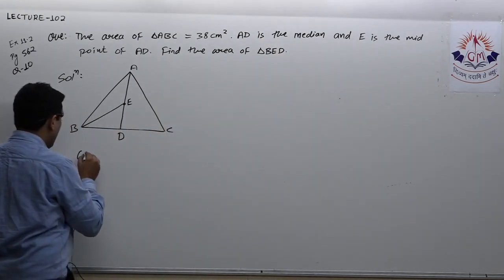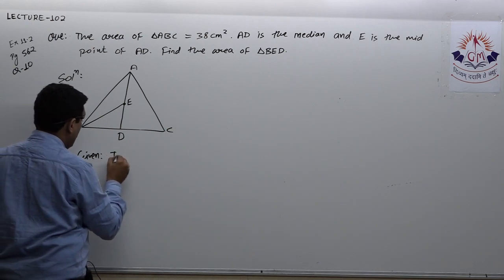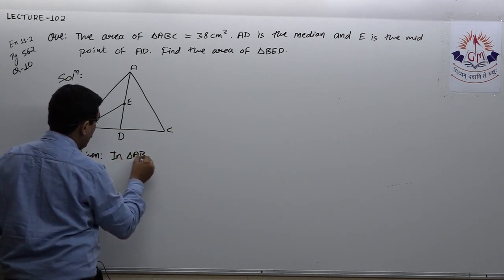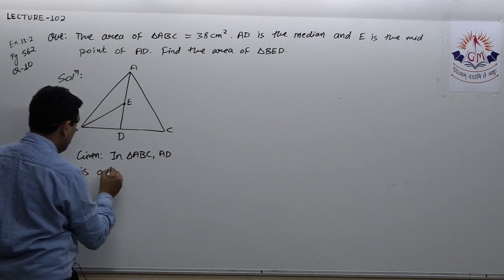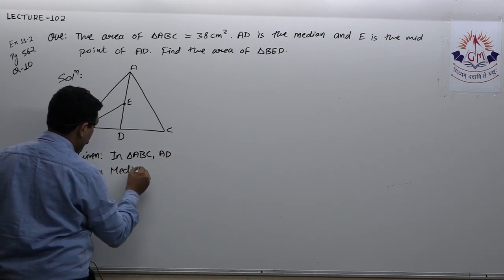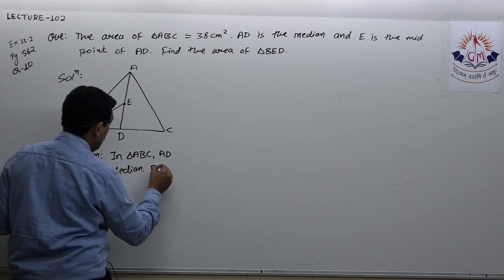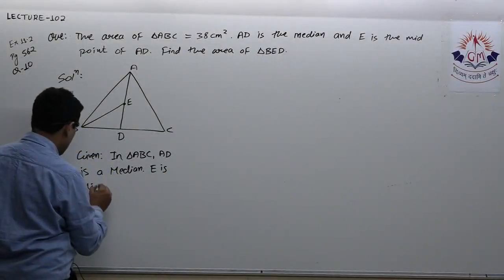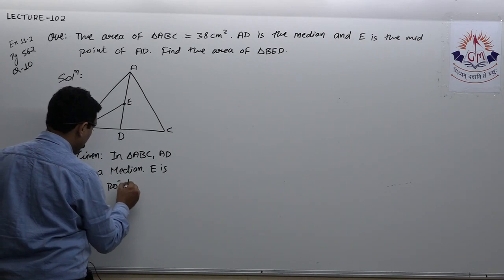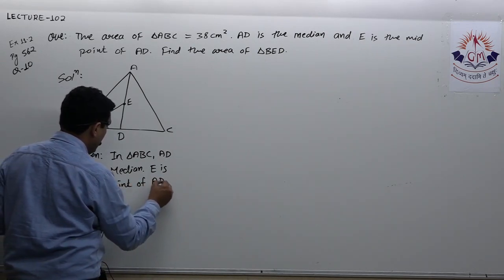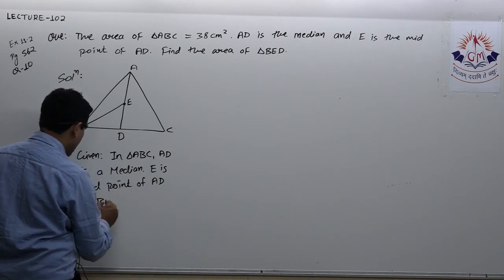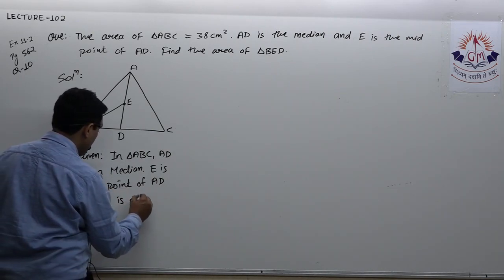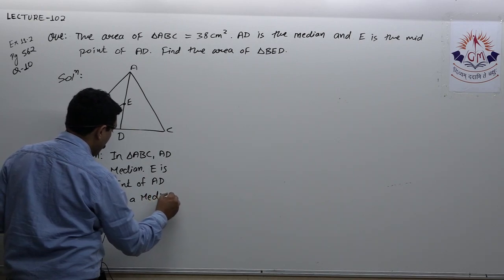So, given: in triangle ABC, AD is a median. E is the midpoint of AD, that is, BE is also a median.